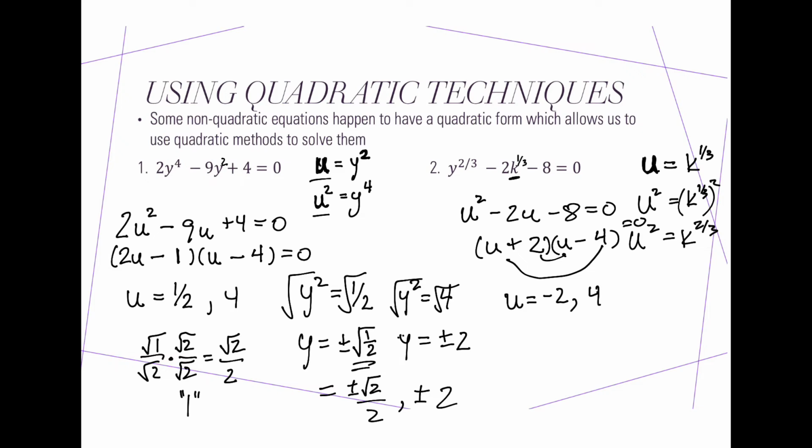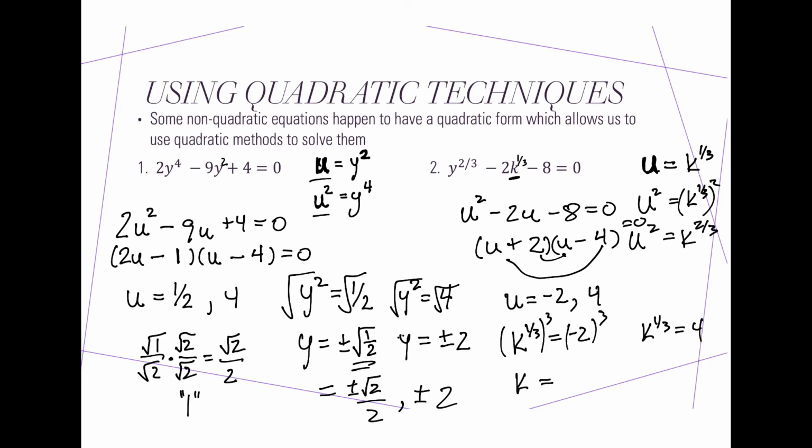Now, of course, we're not trying to find u, we're trying to find k. And u is equal to k to the 1/3. So k to the 1/3 is equal to negative 2, and k to the 1/3 is equal to positive 4. I want this to be k equal to my solutions, and I can do this by raising it to the third power.